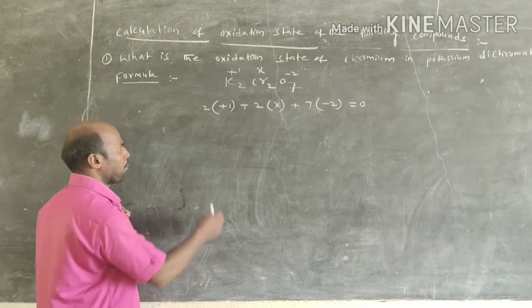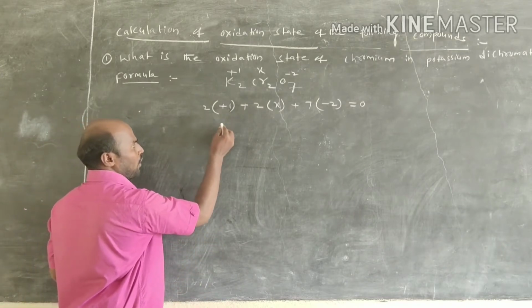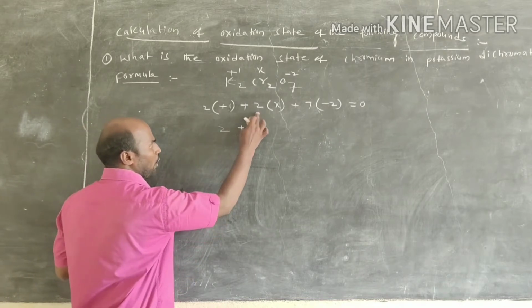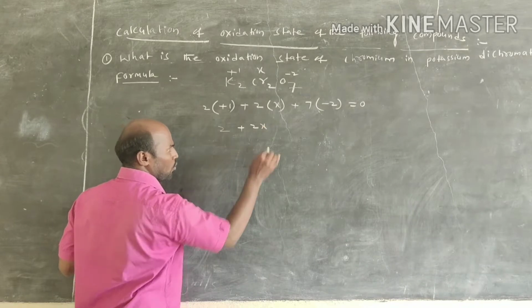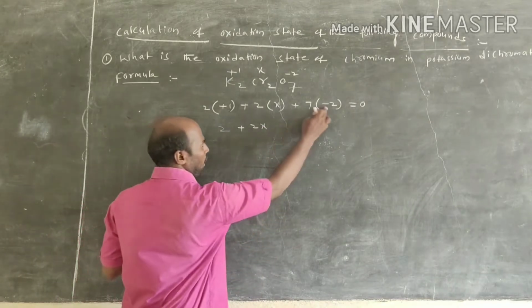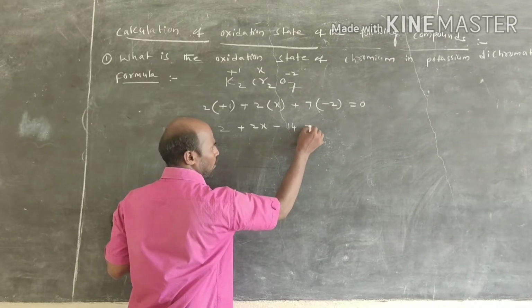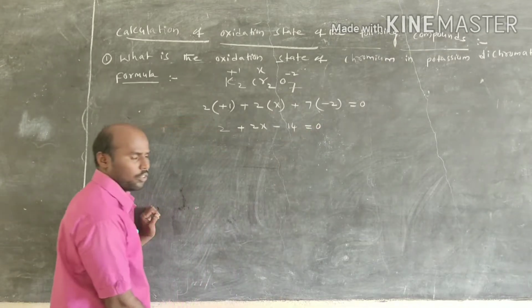So here, 2 into 1 is 2, plus 2 into x, so 2x plus 7 into -2 is -14, equal to 0.